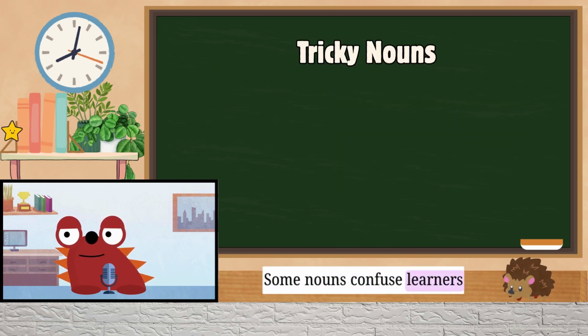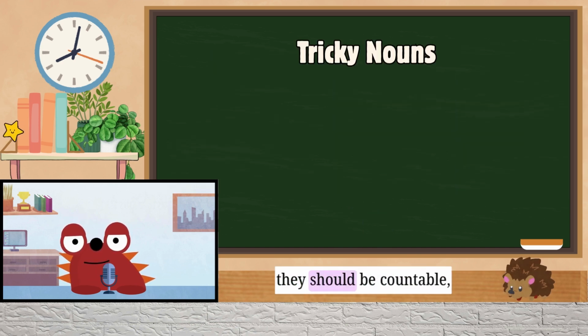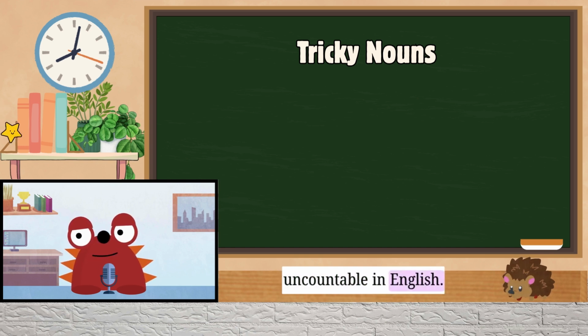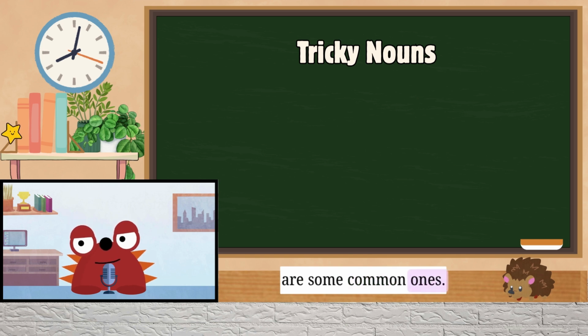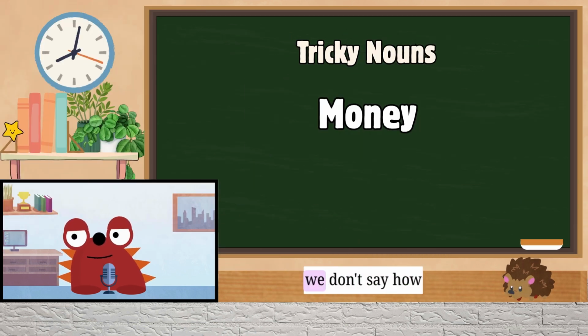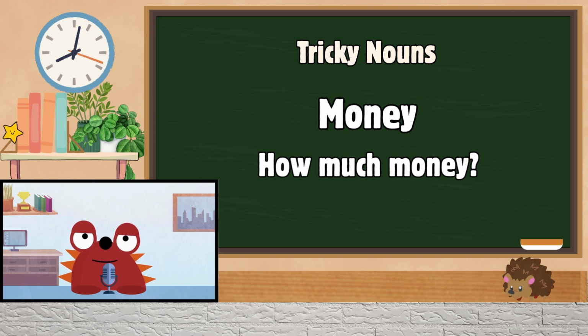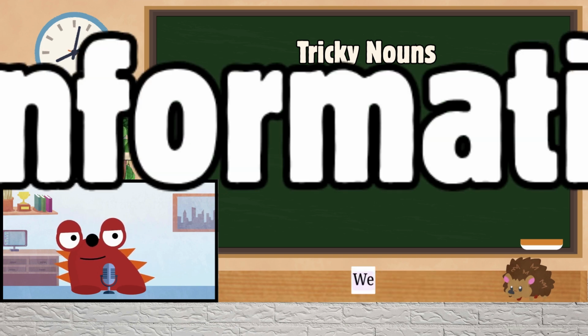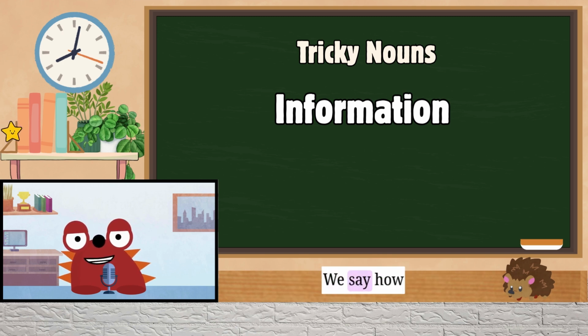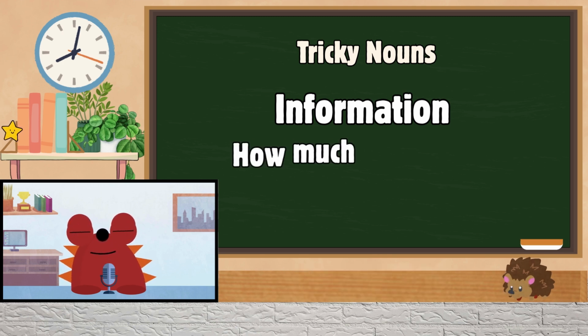Some nouns confuse learners because they seem like they should be countable, but they're actually uncountable in English. Here are some common ones. Money. We mentioned before, we don't say how many monies, we say how much money. Information. We don't say informations, we say how much information.